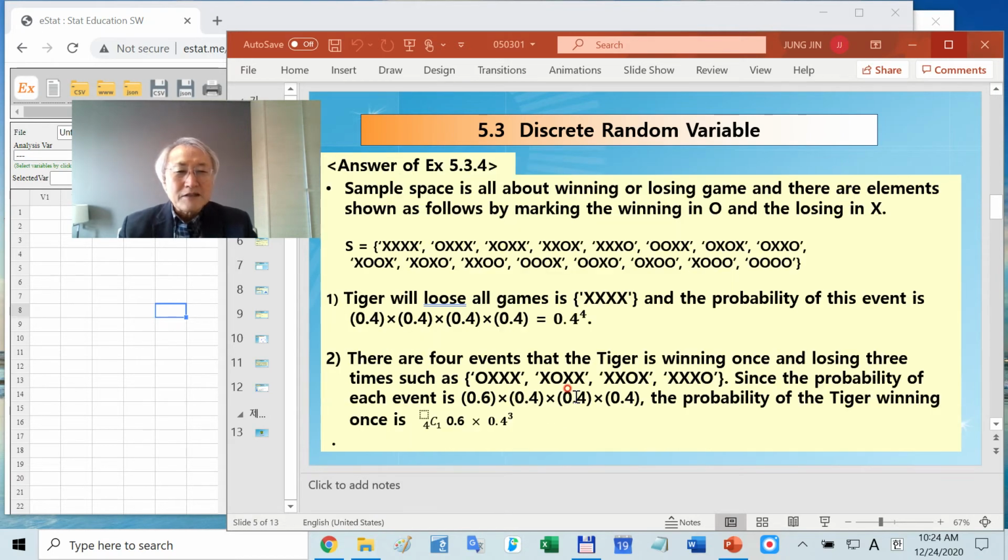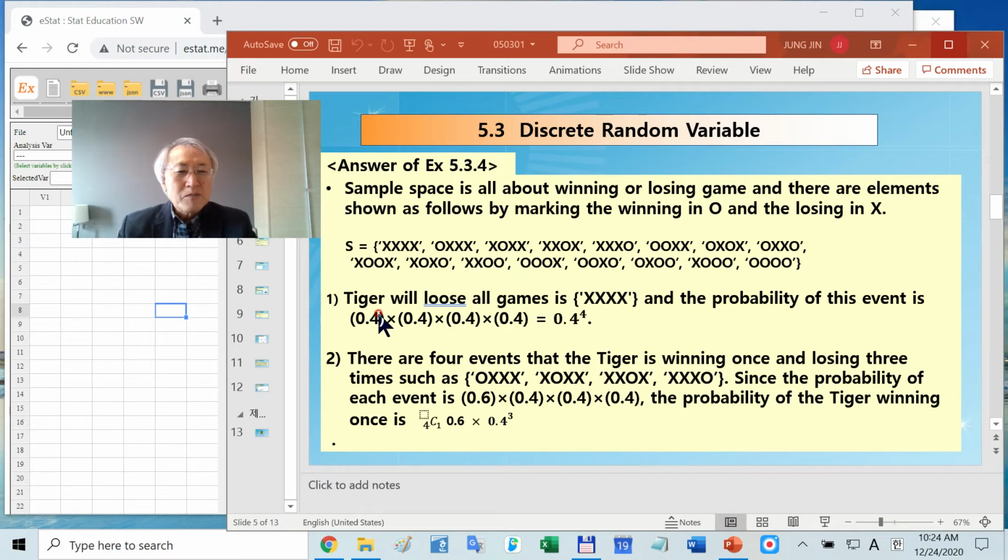It looks like this. We should think about all possible cases. This is the sample space. Losing means X, winning is O. Then what does it mean that Tiger will lose all games? It would be this event. How can you calculate that?